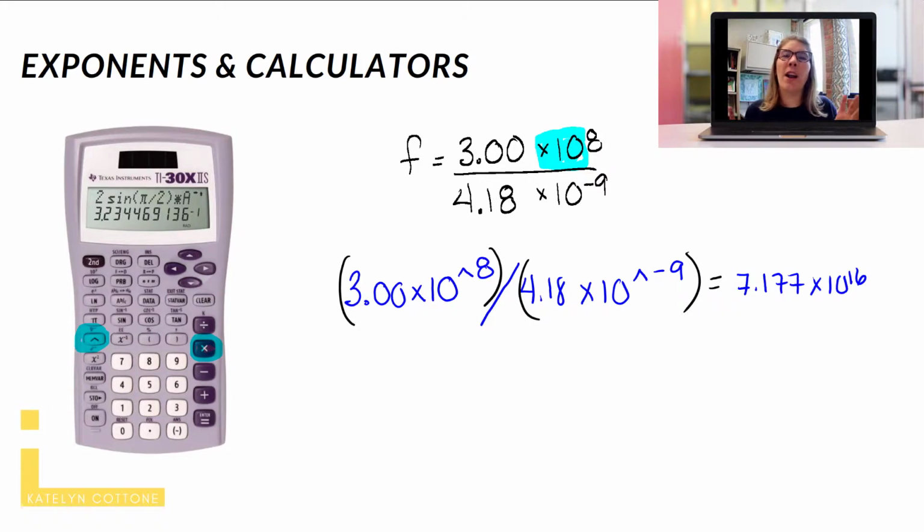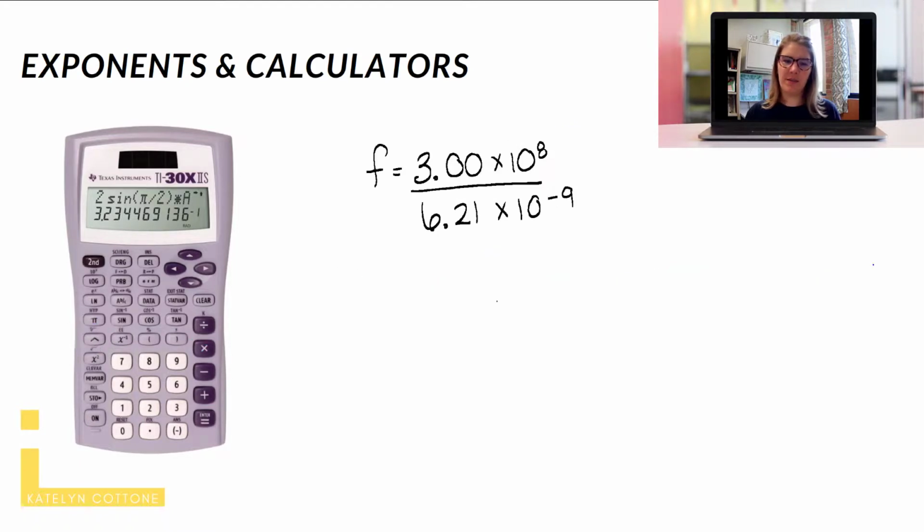Let's talk about one other big pitfall that we need to avoid. So the last big pitfall here is sometimes students will search on their calculator and they'll find this right here in the upper left-hand corner. This one that says 10 to the X power. And they think, oh, I want 10 to the X power.